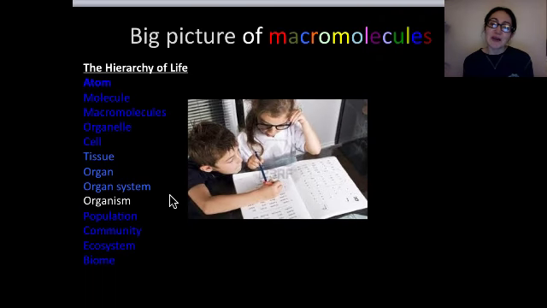So the big picture of macromolecules is that they are the essential building blocks for the smaller building blocks that make up our cells. So in order for us to be able to function, we need these macromolecules. They're absolutely essential. So that wraps up the lesson on macromolecules, and I hope that was helpful. And keep studying.